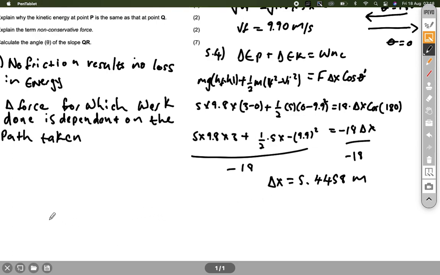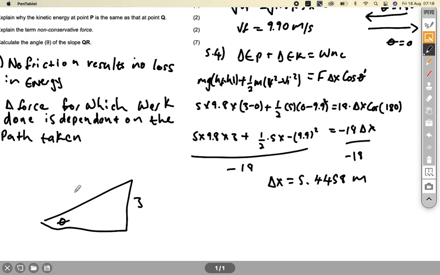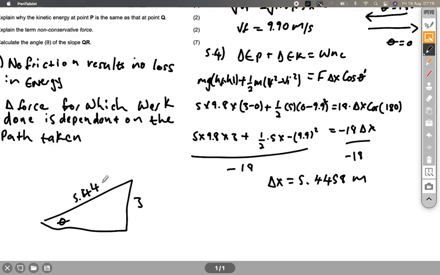Okay, now we have something like this for our triangle. We are given the 3 meters here, we are given theta. Now we have just found the 5.4458 meters. So now we can say opposite over hypotenuse. So sine of theta prime would be equal to opposite, which is 3, over our hypotenuse, which is 5.4458.